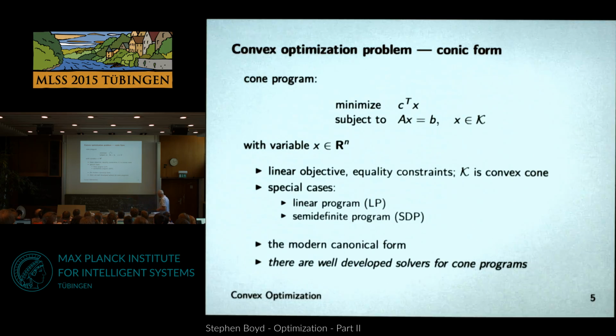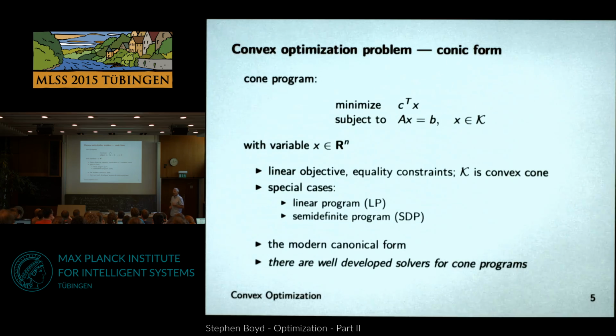And what I want to mention now is the idea of the conic form, right? This has emerged as sort of a standard form for convex optimization problems. It emerged maybe in the last 15 years, 10 years, 5 years, something like that. It looks very specialized, so let me show you what it looks like. You minimize a linear function subject to, well, here are your equality constraints.